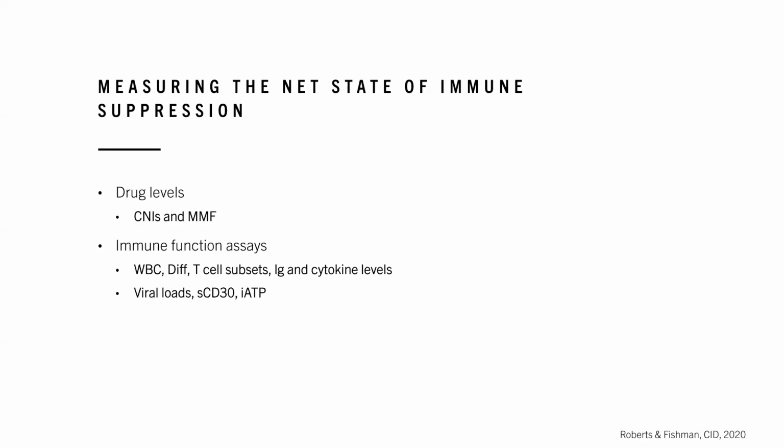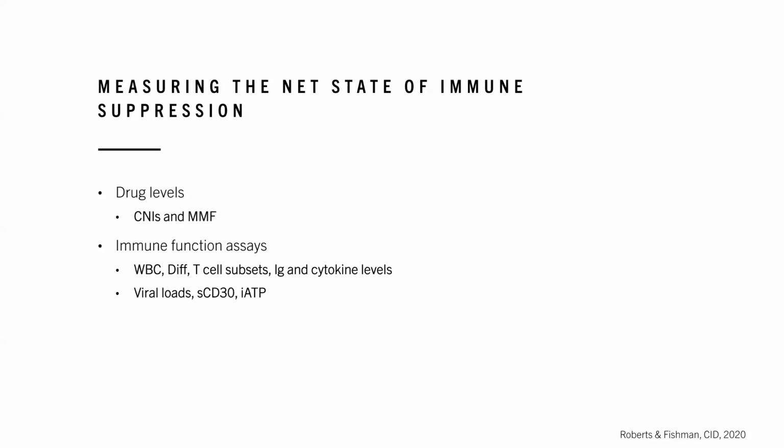You may look at immune function assays, so looking at a white cell count or differential, looking at the neutrophil count, maybe looking at immunoglobulin levels. For particular infections like CMV or EBV, you could look at viral loads.